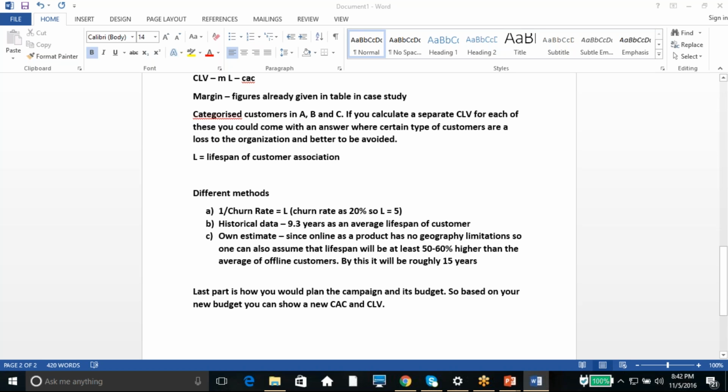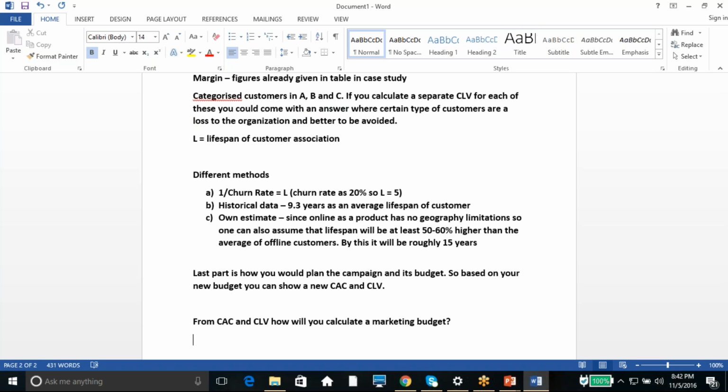Okay, from CAC and CLV, how will you calculate a marketing budget? Now that you've got all the data, all the inputs, can you tell me from CAC and CLV how will you calculate a marketing budget?